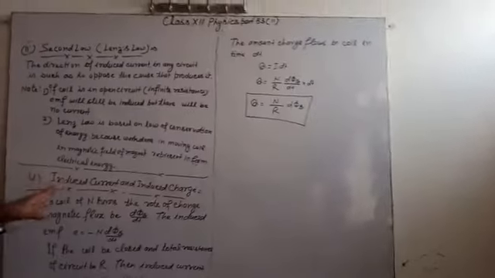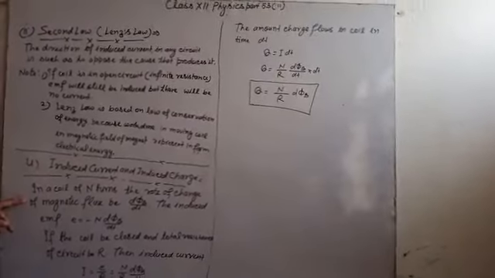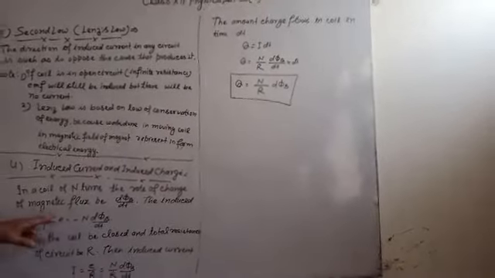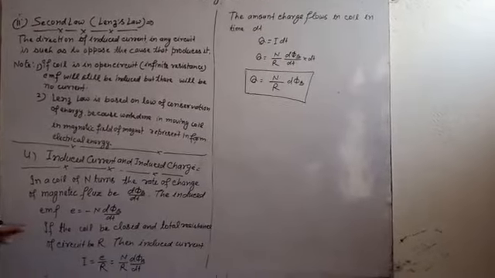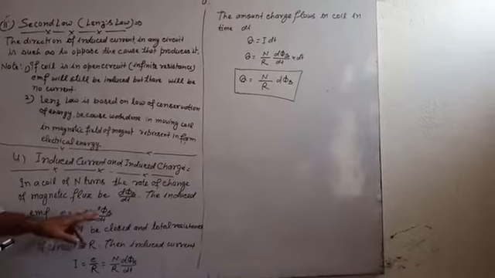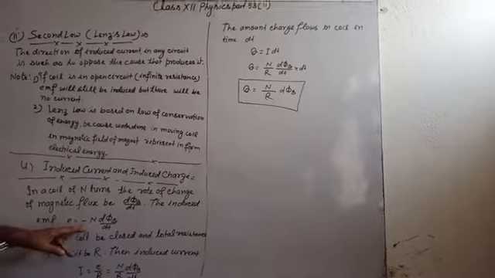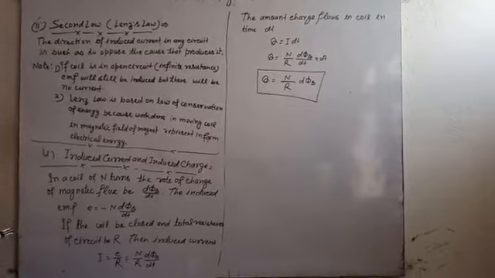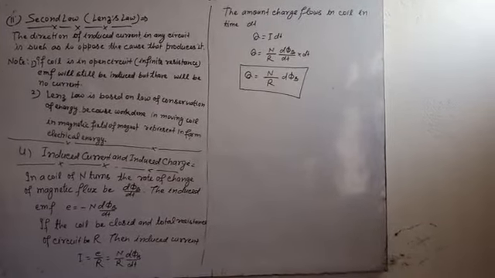Relation between induced current and induced charge. In a coil of n turns, if the rate of change of magnetic flux is d phi B by dt, then induced EMF equals the negative rate of change of magnetic flux: E equals minus N d phi by dt, where N is the number of turns.